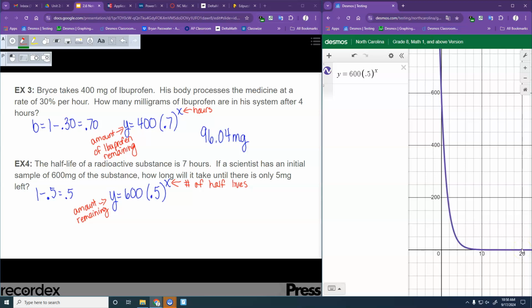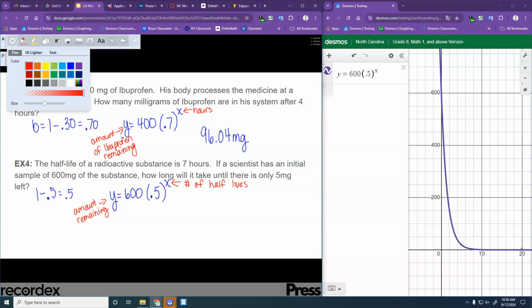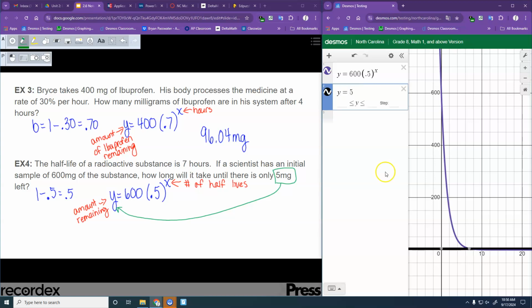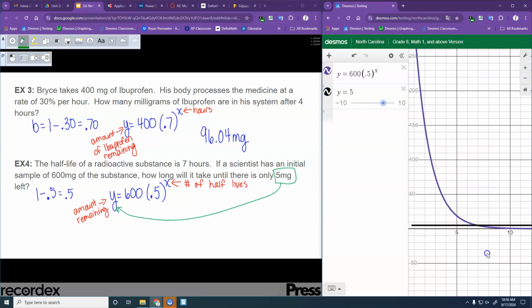I want to know how long until 5 milligrams are left. So where do I plug that 5 in? It gets plugged in for the y, right? So that 5 milligrams is an amount of substance left. So it gets plugged in for the y. How do I do that over here on Desmos? Perfect. y equals 5. Oh, we're going to have to zoom in a little bit there.